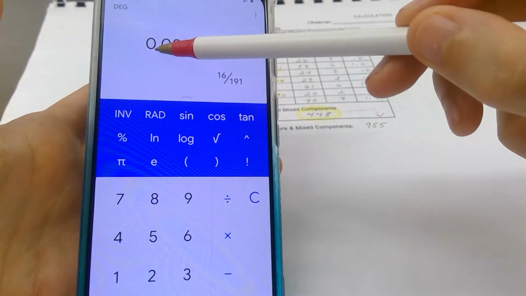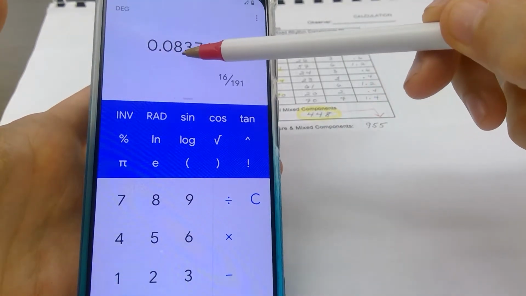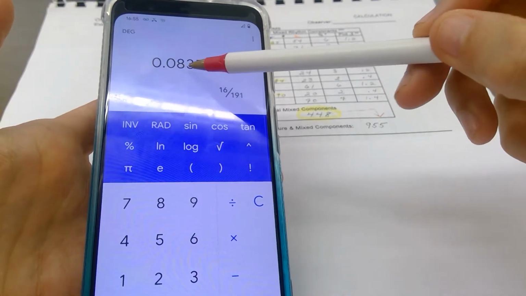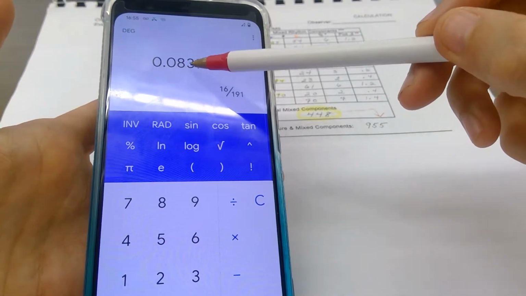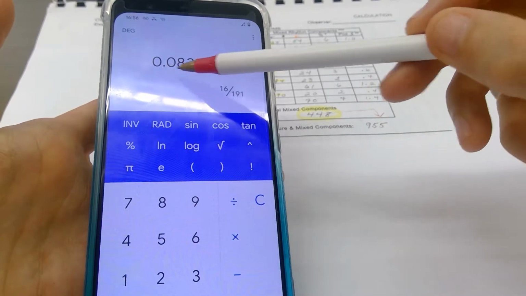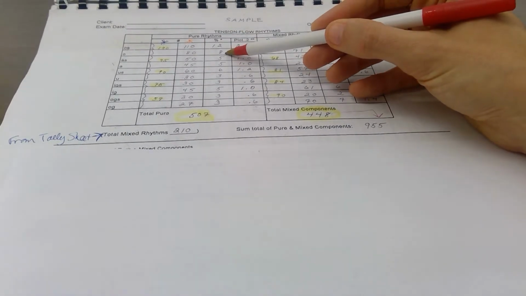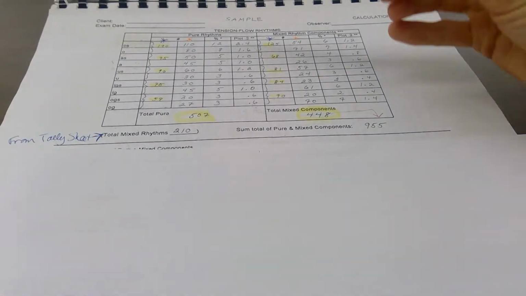So we take our decimal point over 1, 2, and then we have an 8.3. Now 0.3 is pretty close to 0, so we don't have to round up, so we can just call that 8%. So any decimal that's 0.5 and above, we can round up. Otherwise, we can just keep the number as it is.